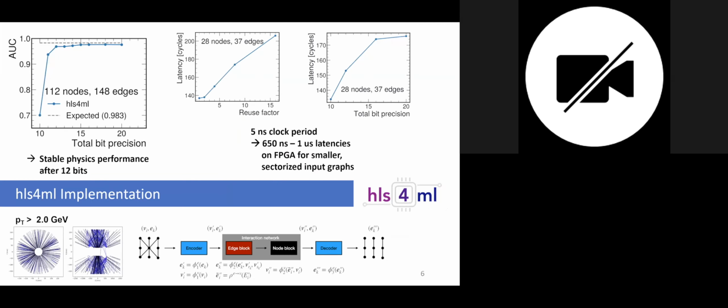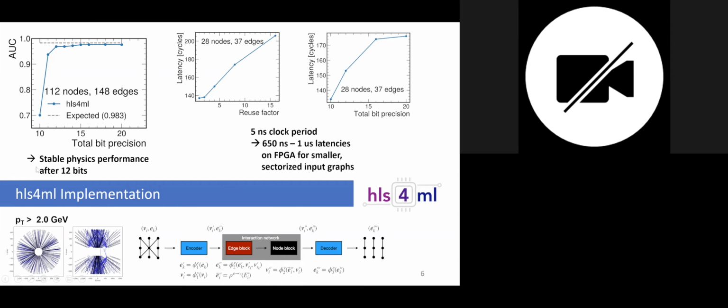Our second implementation uses HLS for ML, which is high-level synthesis for machine learning, a package that basically takes familiar machine learning code and translates it into machine-readable firmware code. So this study was performed using smaller graphs and an encoded representation of the interaction network.